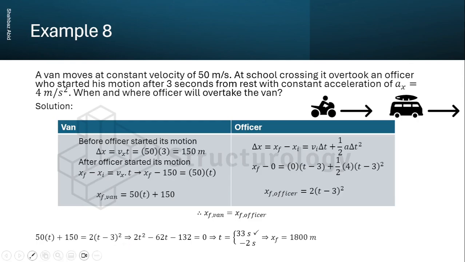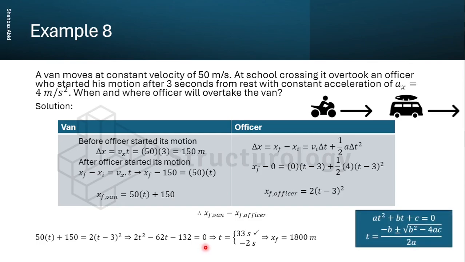If you simplify this, it becomes 2t squared minus 62t minus 132 equals 0. This represents a quadratic equation. To solve it, we use the quadratic formula and get two roots. The first root is 33 seconds and the second root is minus 2 seconds.